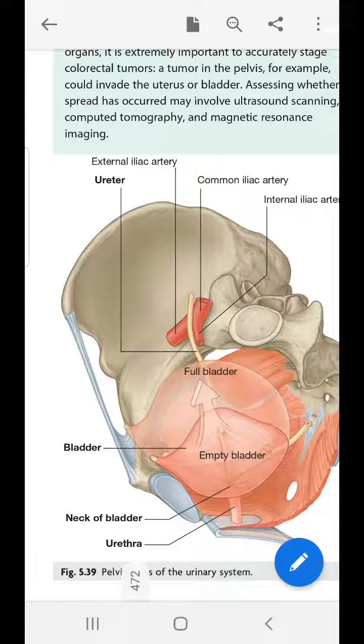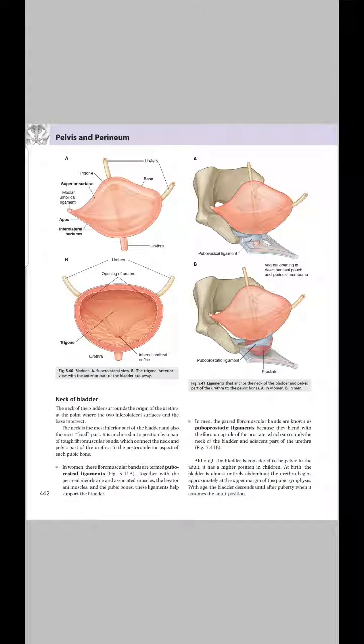Okay. So the nervous supply of the bladder is such that it has an internal urethral sphincter and an external urethral sphincter, and there is muscle within the bladder wall which is known as the detrusor muscle. The only voluntary part is the external urethral sphincter, which can be controlled.